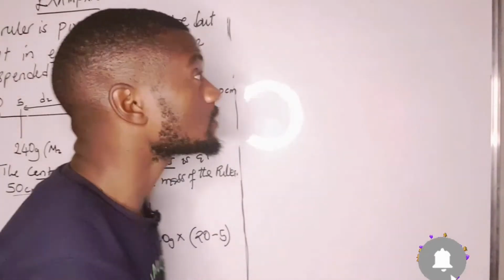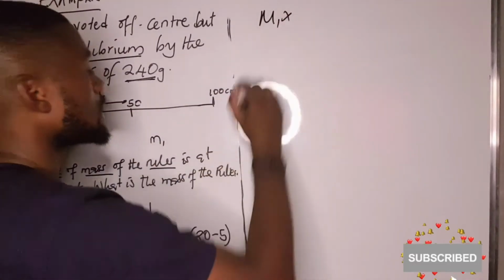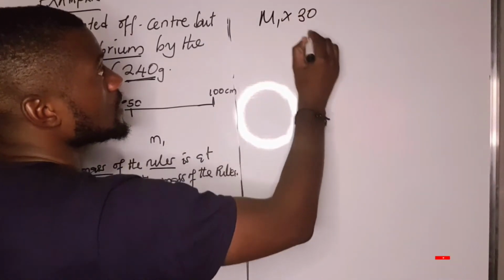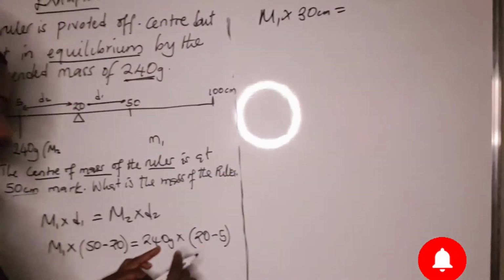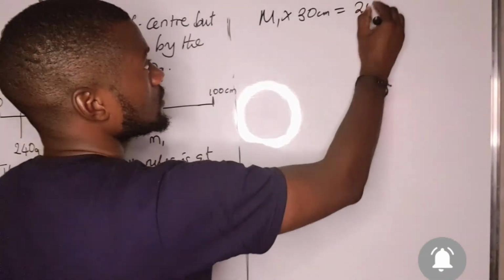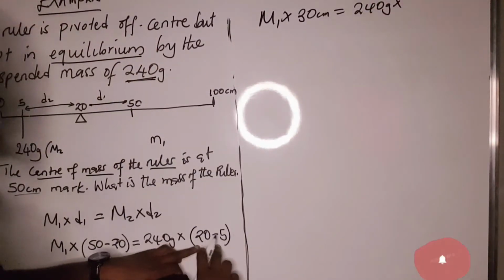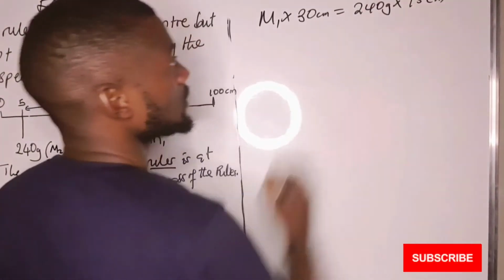So we are going to say M1 times 50 minus 20, which is 30 centimeters, equals 240 grams times 20 minus 5, which is 15 centimeters.